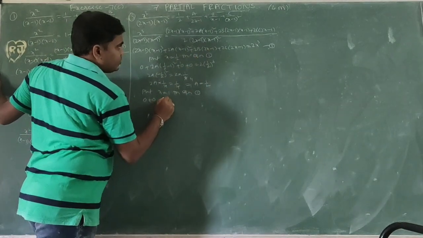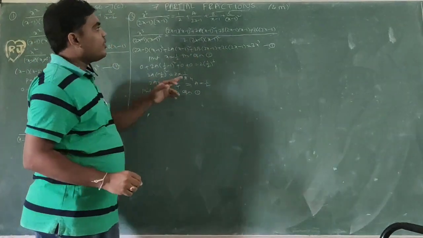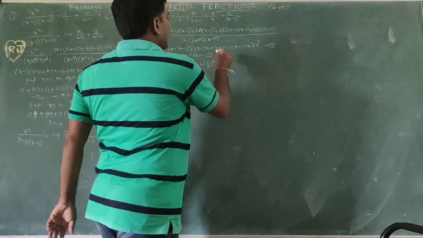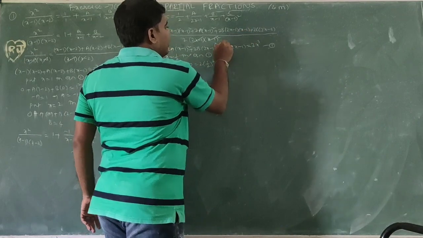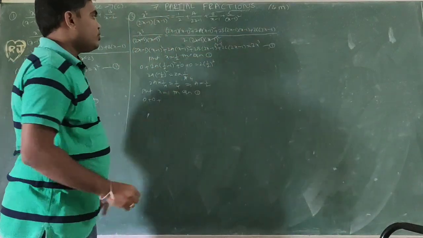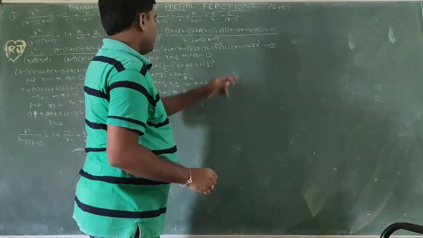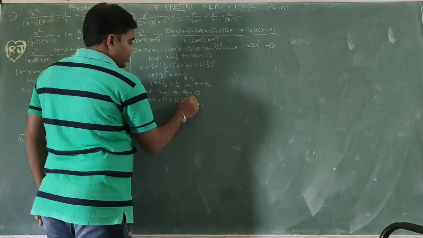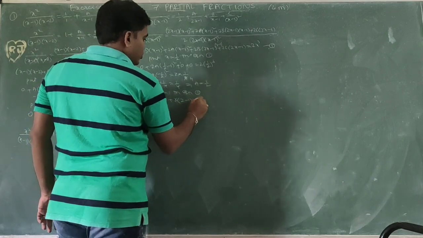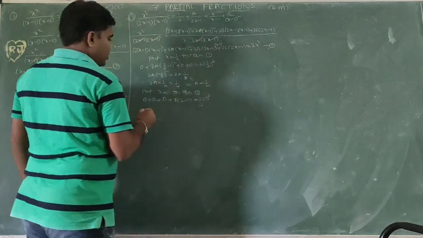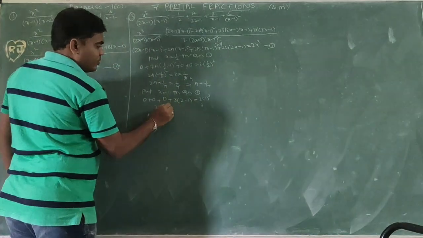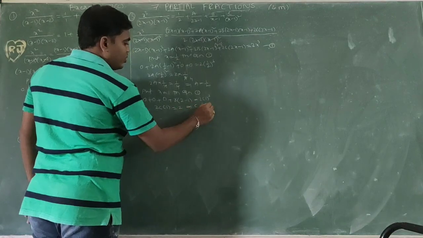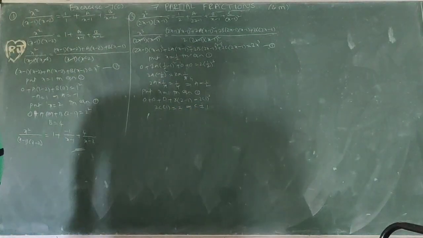Okay, this is also 0. Now plus 2c of (2 into 1, 2 minus 1) equal to 2 into 1 cube. So 2c of 1 equal to 2, which implies c equal to 2 by 2, 1. So we got the c value.